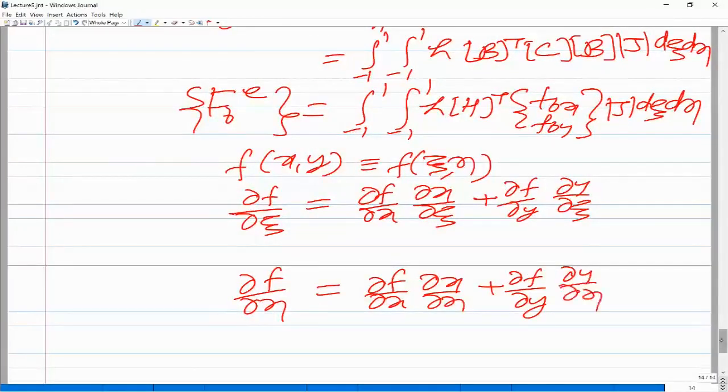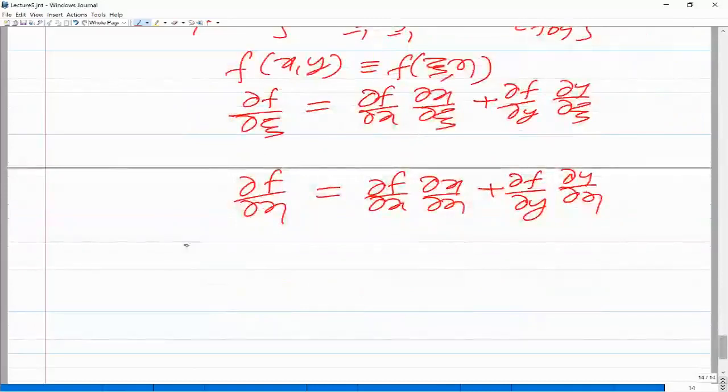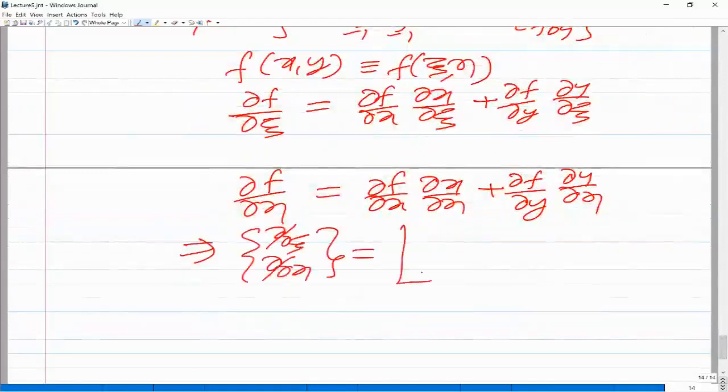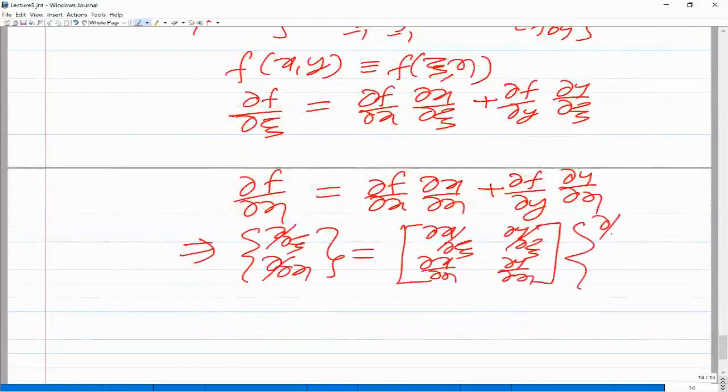Now from this, if I just take the operators, del by del xi and del by del eta is equal to the matrix with rows del x by del xi, del y by del xi, and del x by del eta, del y by del eta, into the operators del by del x and del by del y. So you have this relationship.